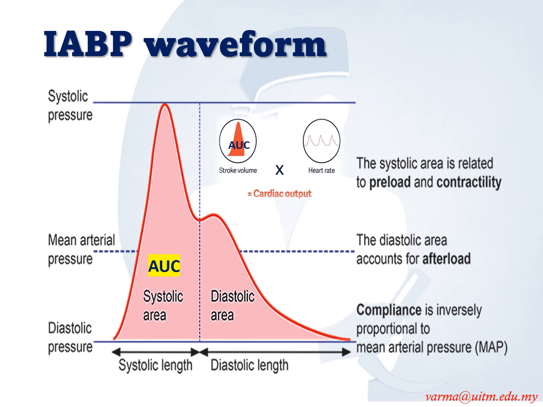If we look at this part of the arterial blood pressure waveform, it is divided into systolic area and diastolic area. The systolic area is related to preload and contractility, and the diastolic area accounts for your afterload, and compliance is inversely proportional to the mean arterial pressure.